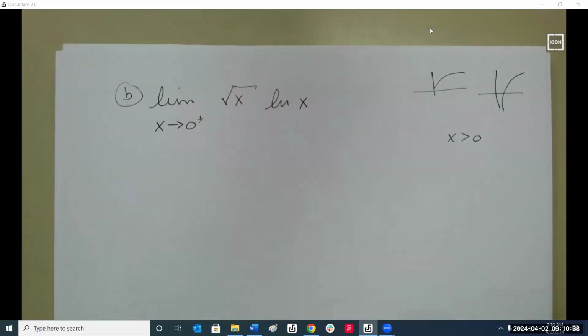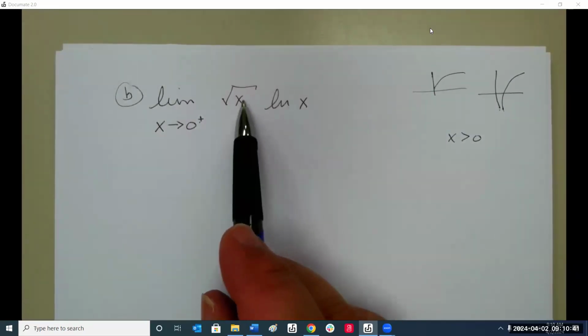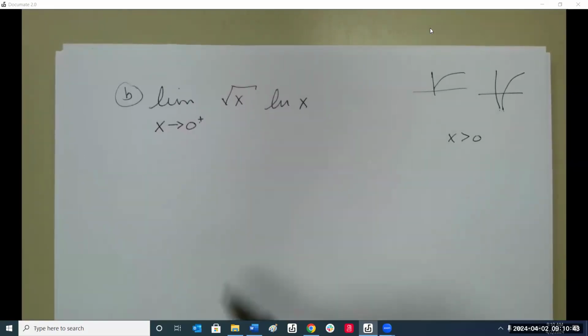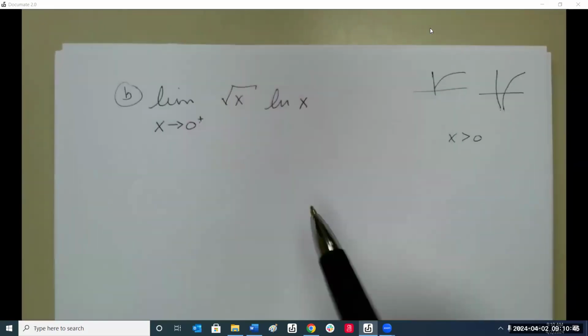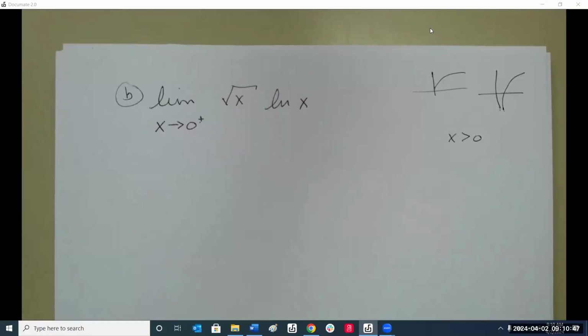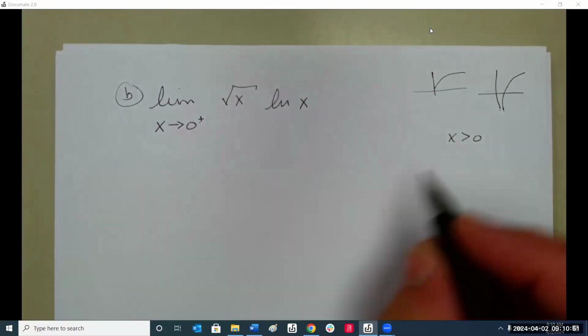So take it from there. It's not going to take us too many places because our first derivative, this one's going to be 1 over 2 radical x, and this one's going to be 1 over x. So it's just going to take us nowhere, really. There is a property here.